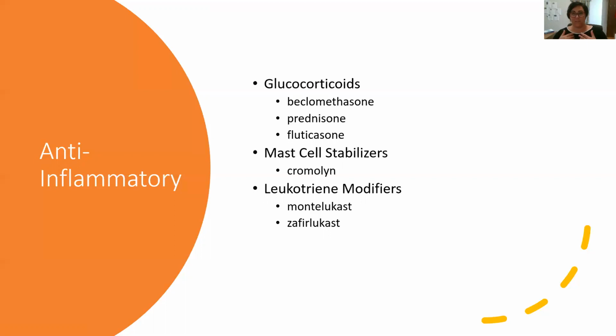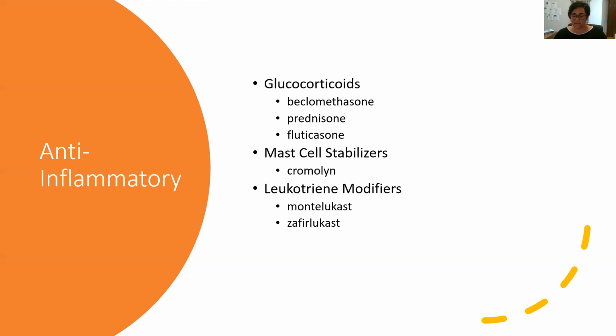That way we don't have that whole slew of side effects that we do from taking something like oral prednisone, by decreasing the immune system all over the body. Another problem with taking just those glucocorticoids, too, we worry about a patient developing thrush in their mouth as well. So the mast cell stabilizers, the leukotriene modifiers, are much more specific.